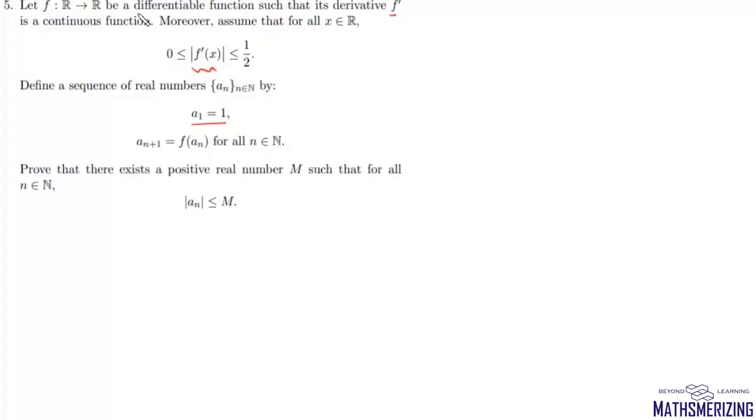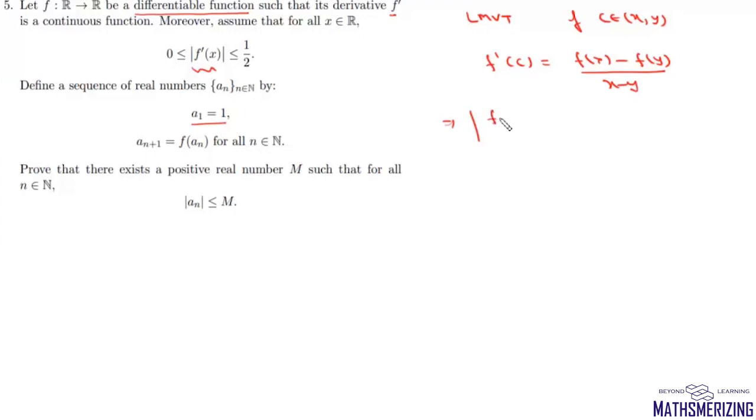Now since in this question the given function is a differentiable function, we'll apply Lagrange's mean value theorem for this function in the interval, say, x comma y. So we'll use Lagrange's theorem, then we can say there exists some c in this open interval x comma y such that f dash c is equal to (f(x) minus f(y)) upon (x minus y), and if we take a mod sign, then we can simply write this as mod of (f(x) minus f(y)) upon (x minus y), and it is equal to mod of f dash c.